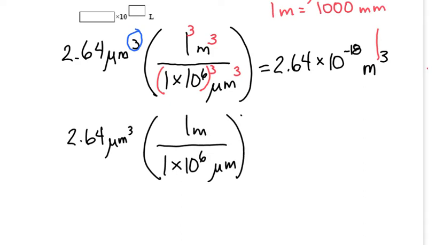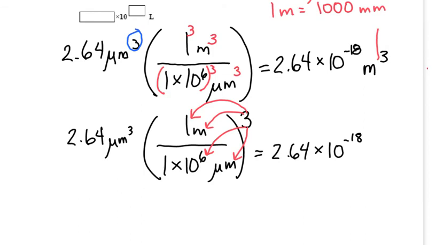But then what Connect is doing is they're putting the cubed outside the parentheses. That means that that cubed has to get distributed in to every one of these things. It's the same process that I did above, just looks a little bit neater. So in this case, it's also going to be 2.64 times 10 to the minus 18th meters cubed.